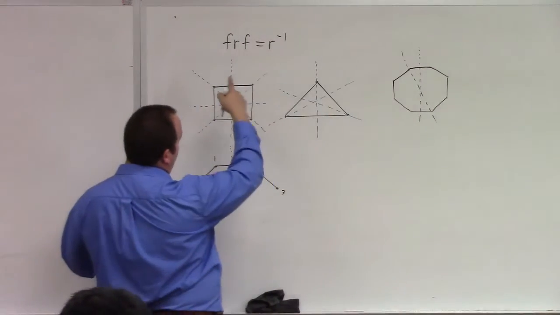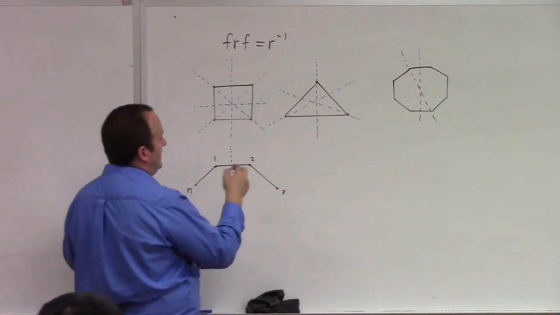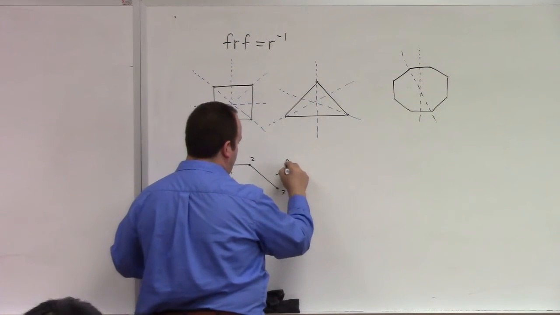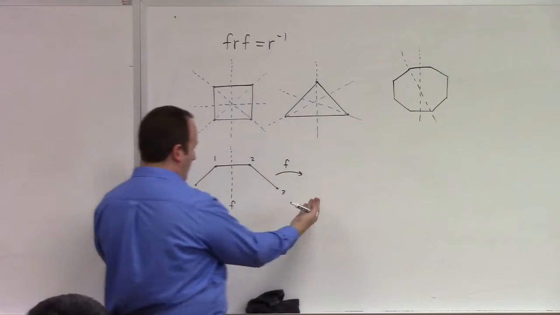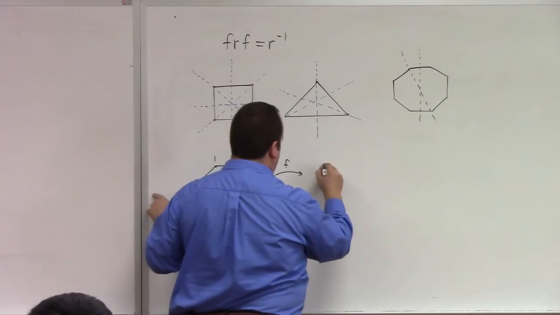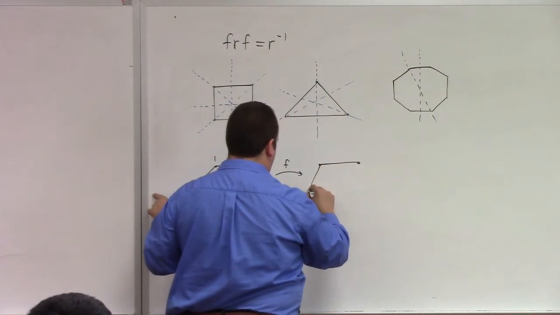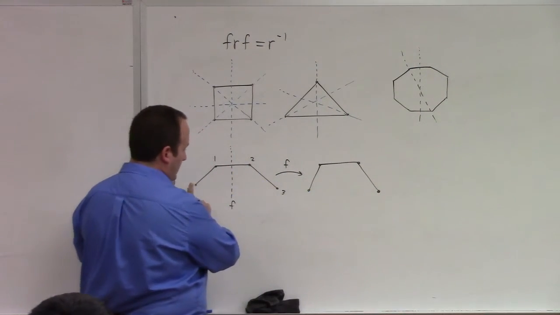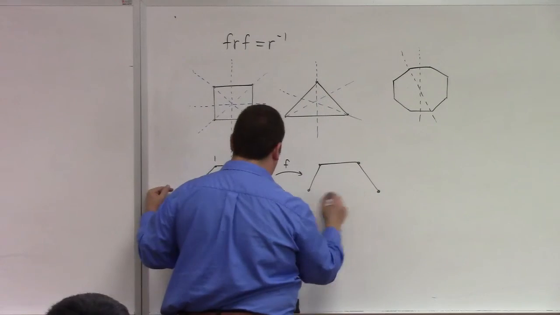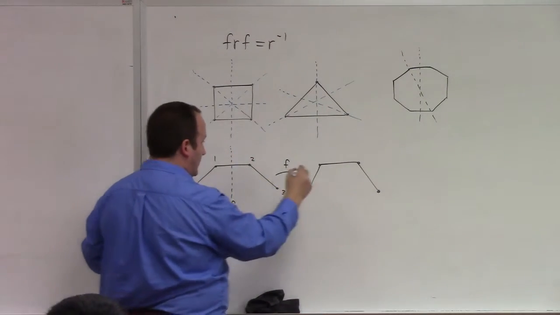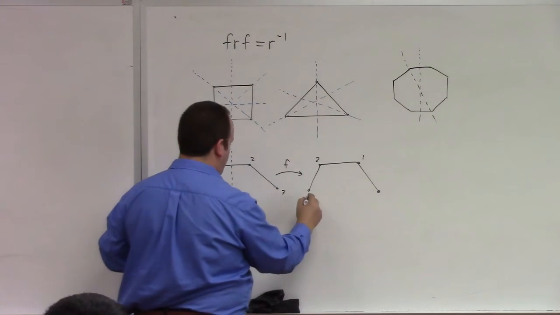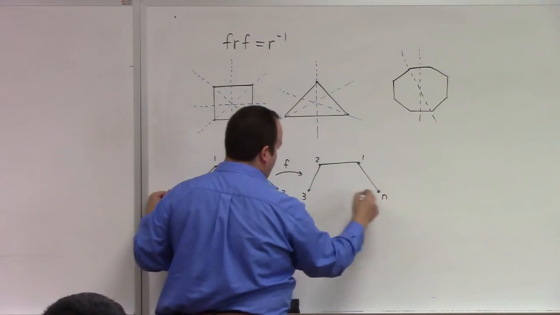I want to prove that FRF is equal to R inverse. So first of all, let's do the flip. So the flip does, right? And what's that give us? What happens? N goes to, right? So we get 2, 1, 3, N, right?